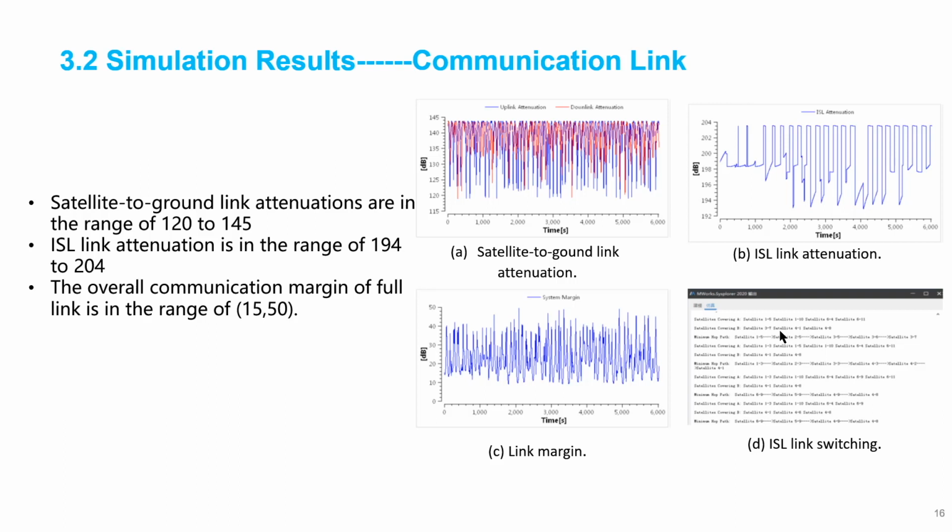The lower satellite to ground link is in the range of 120 to 145, and the inter-satellite link attenuation is in the range of 194 to 204. Figure C shows the overall communication margin of the full link is in the range of 15 to 50. Figure D shows the process of inter-satellite link switching.